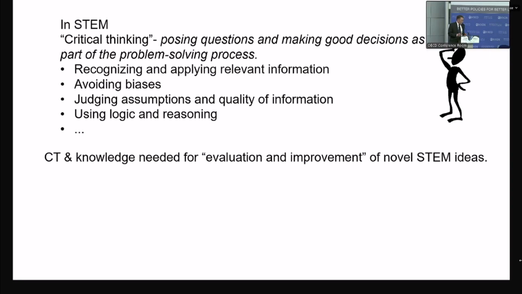And so this kind of critical thinking, plus knowledge, is really essential for the evaluation and improvement aspect of novel ideas in STEM, to really make sure that they're good for doing something.